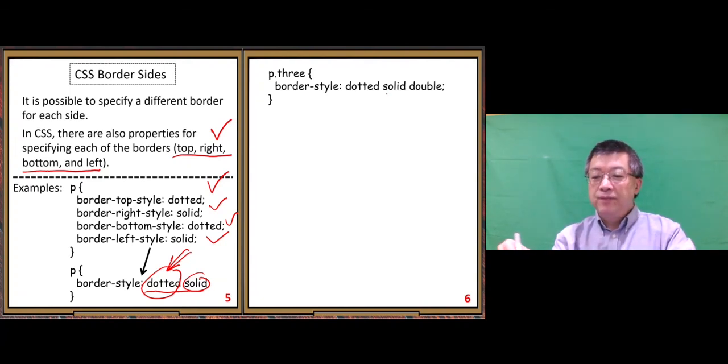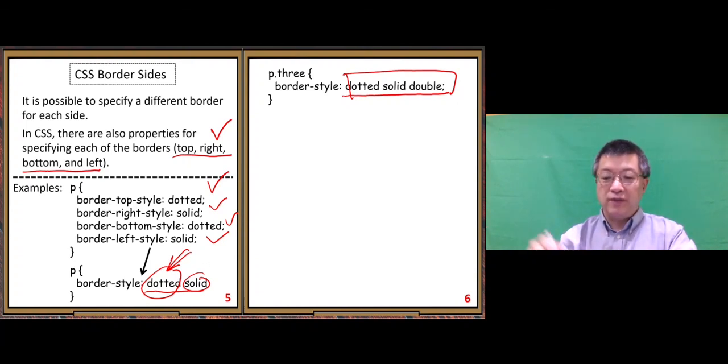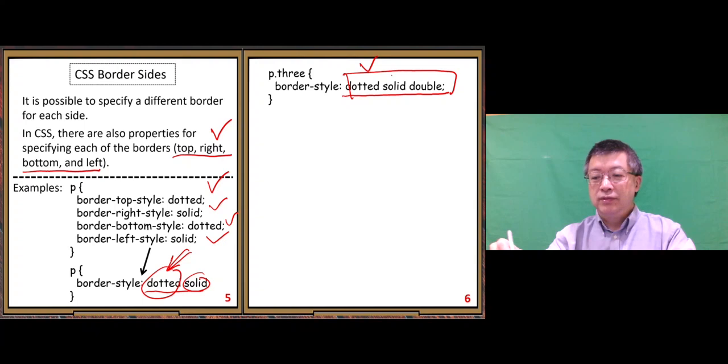But for the case where you are given 3 styles, but the 4th one you do not give it. So what's the rule? What does the browser use? Same as this one. Okay. Top is there, no problem. Right is there, you just use it.